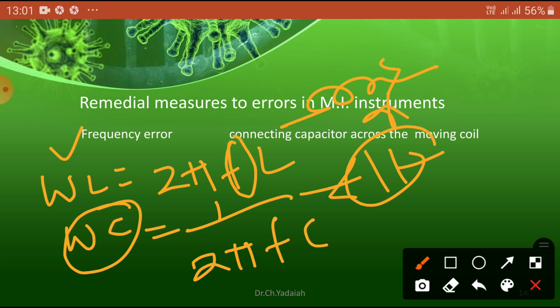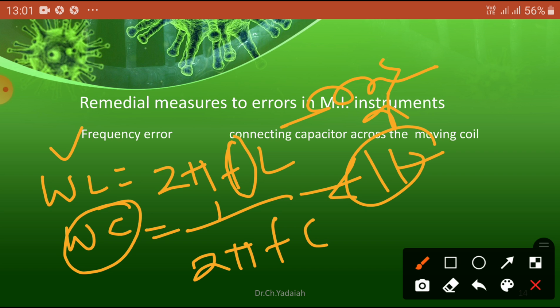Because the inductive reactance is directly proportional to the frequency, whereas the capacitive reactance is inversely proportional to the frequency. So by connecting one capacitor across this coil, which has inductance, while using AC, we nullify this frequency error.